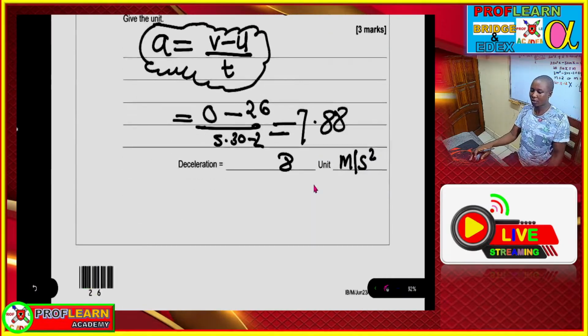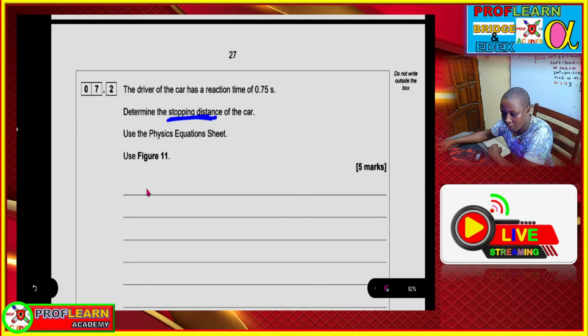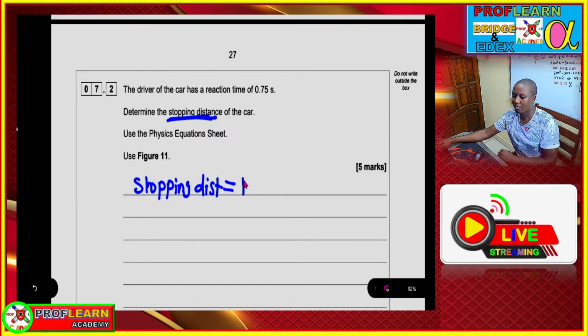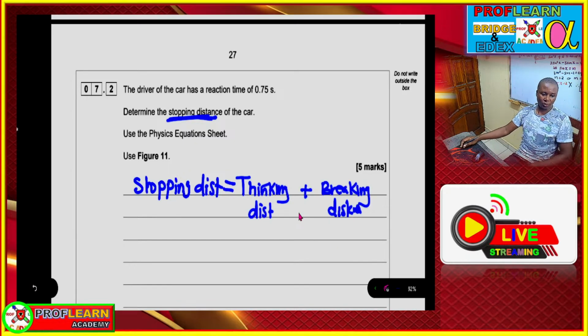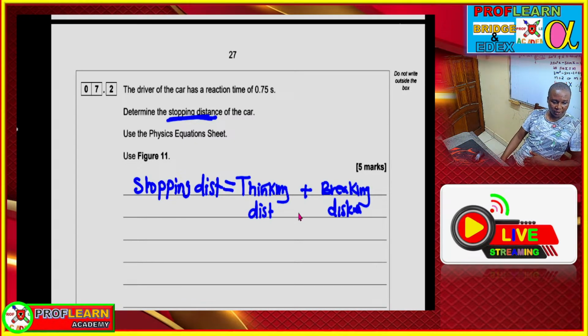So what we need to remember is that stopping distance is equal to thinking distance plus braking distance.